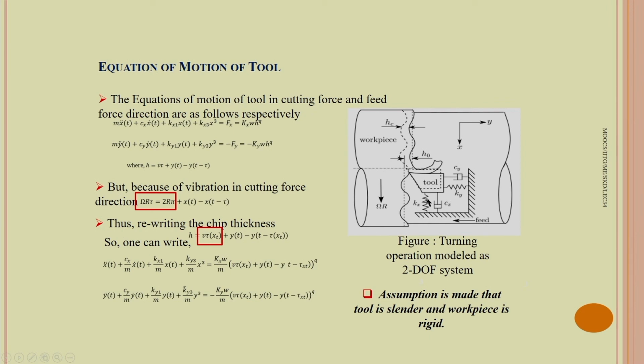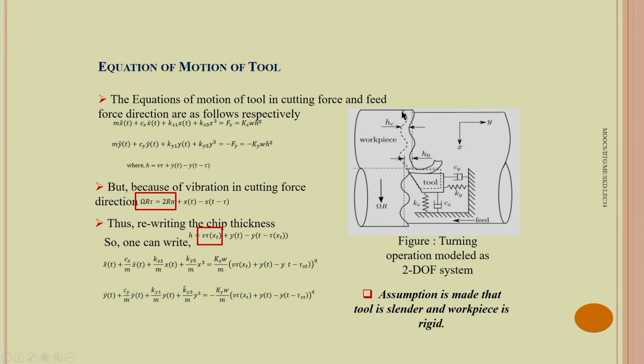In this case, x is the vertical direction and y is the horizontal direction. The spring in the x direction is kx and the damper is cx, and in the y direction they are ky and cy. The workpiece is rotating with capital omega.